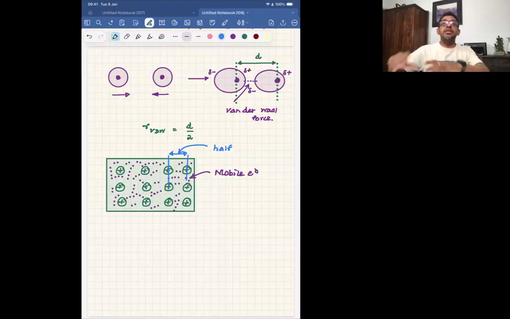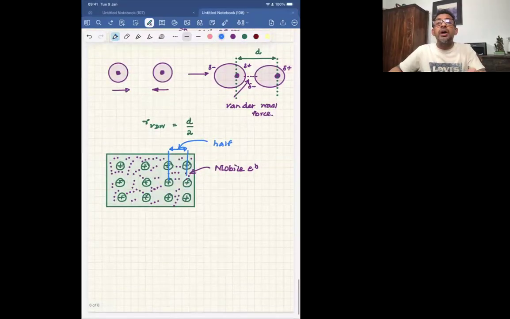If they ask for a definition or explanation, make sure to accompany that with a diagram. Because diagrams speak so many words. Clear? Okay.